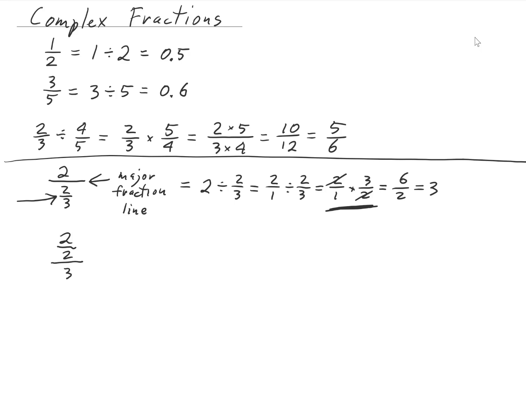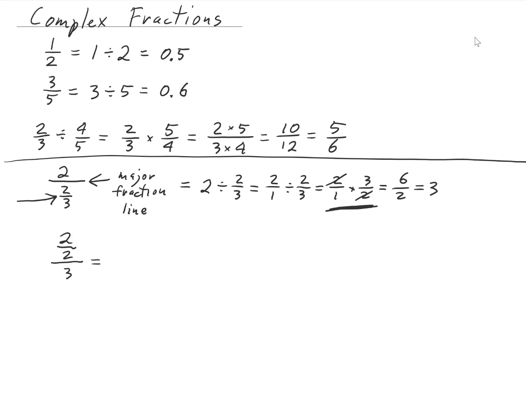See how I changed the major fraction line from this top one now to the bottom one. See that? Now let's work this out. Let's work out this division problem.